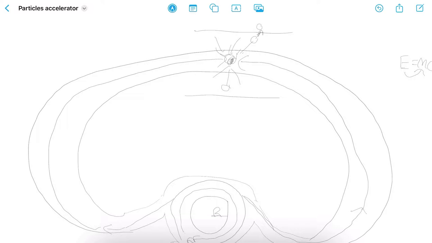And if it is correct, it will detect some particles which are predicted by the model.